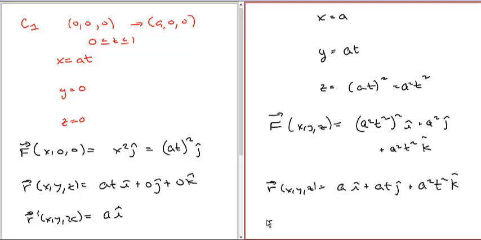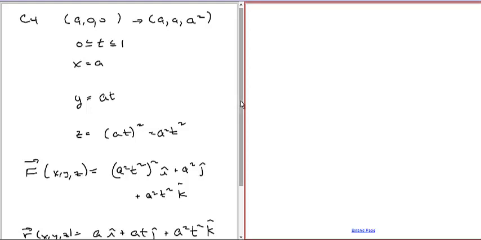And then you take the derivative of that with respect to t, and this goes to 0, so you'd have 0 i plus a j plus 2a squared t k. So these are all with respect to t.